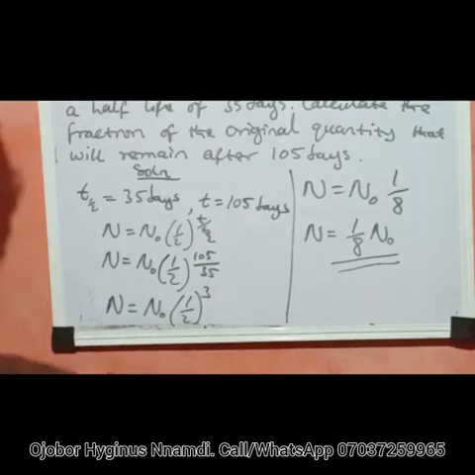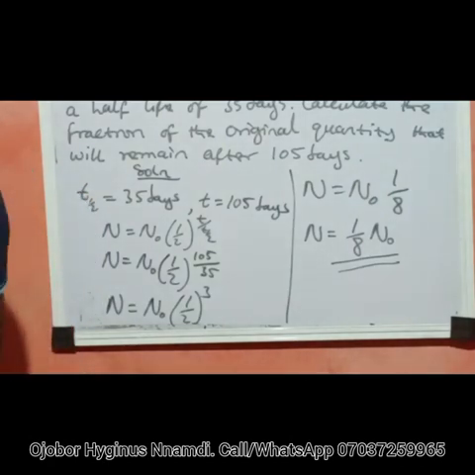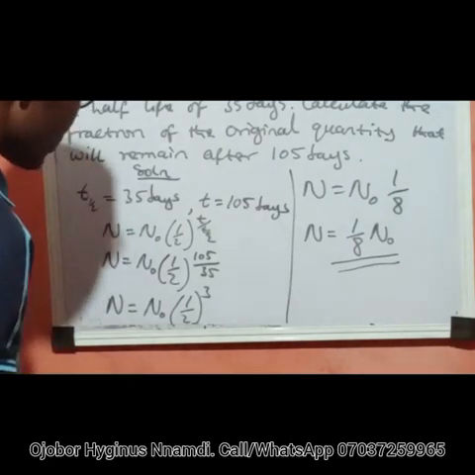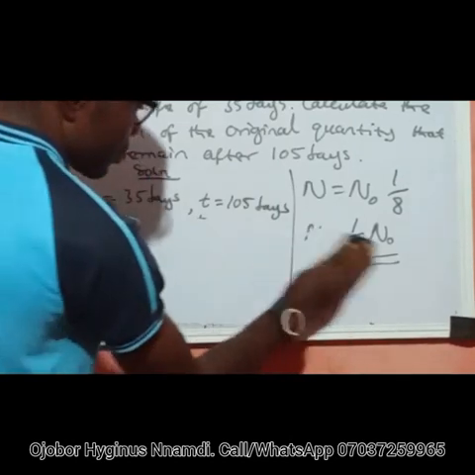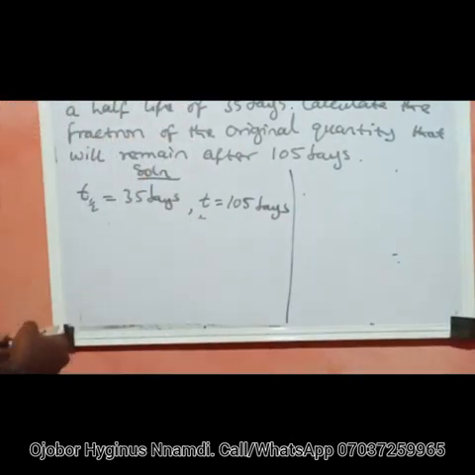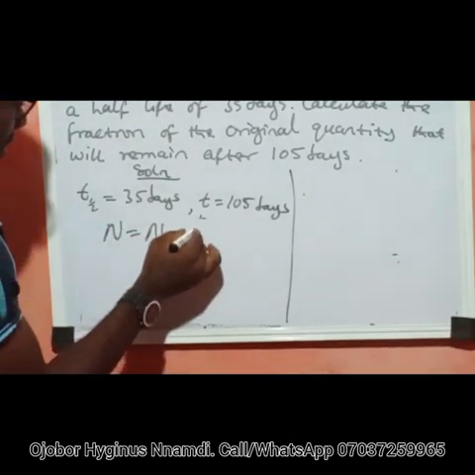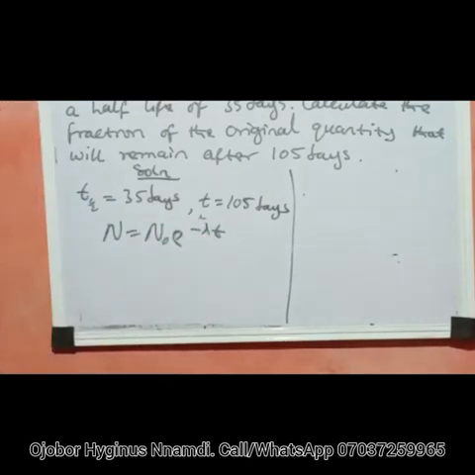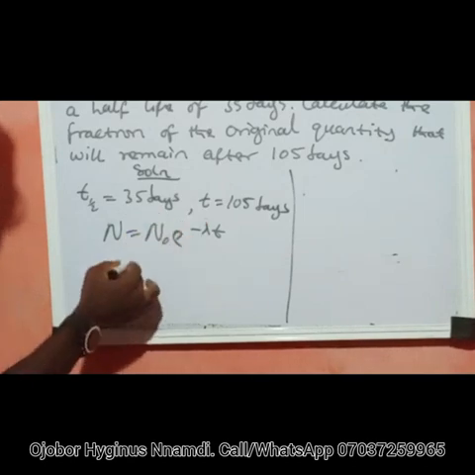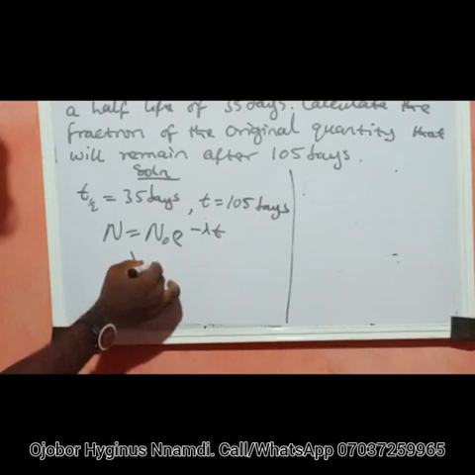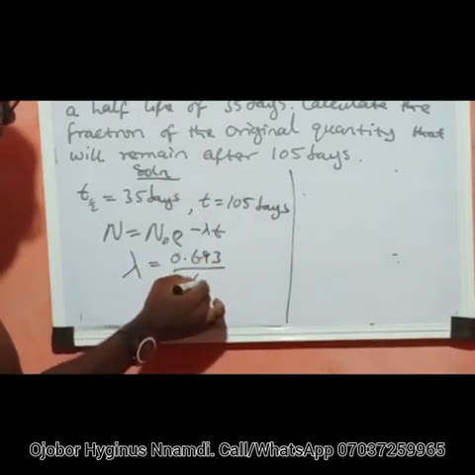Let us even decide to use the other formulas that I gave you to compare the answers. You can as well see that N equals N naught exponent minus lambda T. If you are using this one, because from this we don't have our lambda, we know that we can get our lambda using the formula 0.693 all over half-life.